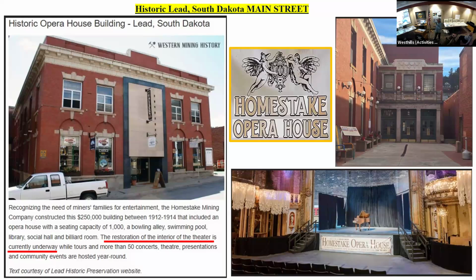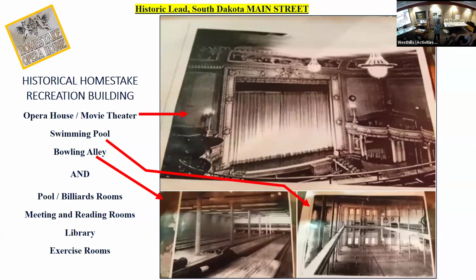When I was growing up, it was the Homestake Theater, and for a time I was a projectionist at that theater. It's being refurbished after the fire. Well, here's some pictures of it in its heyday: the Opera House, the bowling alley, and the swimming pool.